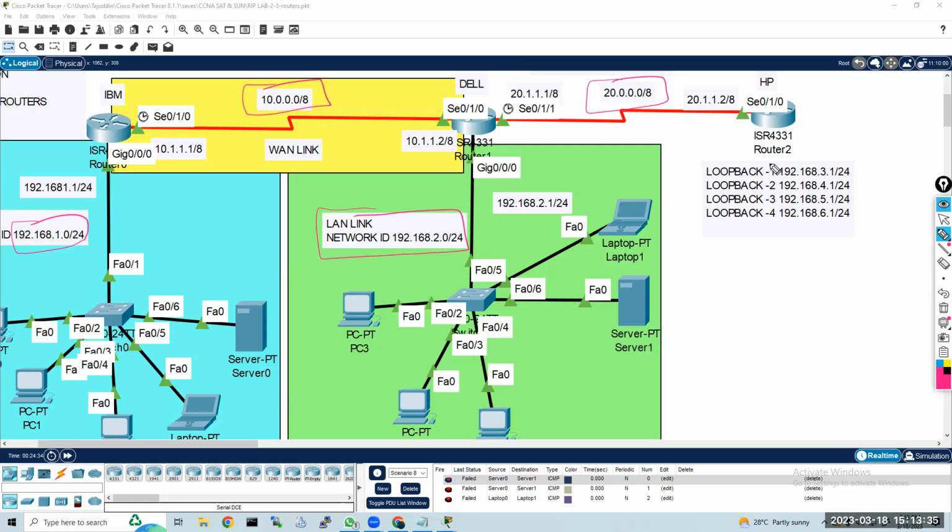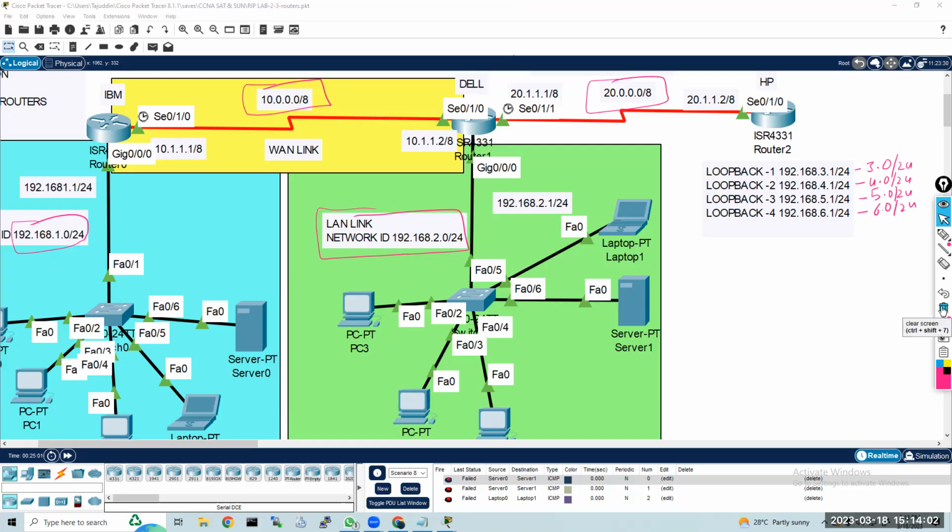What is the network ID for this IP address? This is 3.0/24. What is the network ID for this? 4.0/24. What is the network ID for this? This is 5.0/24. And this is 6.0/24. Got it, guys?